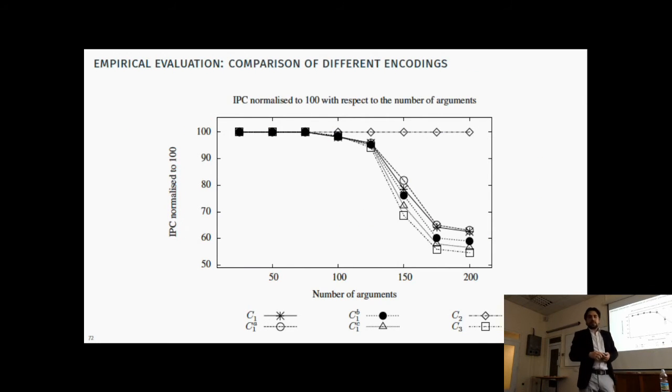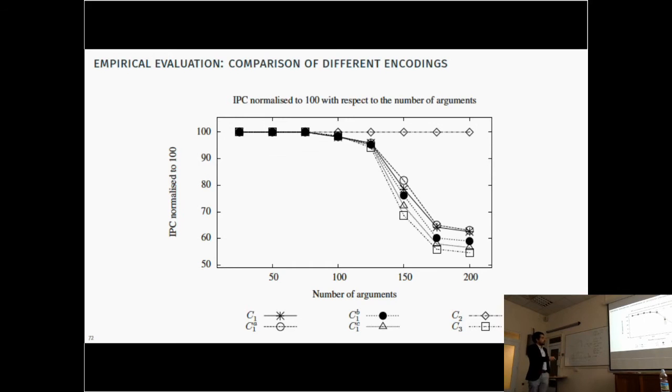The first thing that we studied is, although the different encodings I showed you are logically equivalent, whether they make a difference from a computational perspective, and they do. They heavily do. So those are just given our system, no other competitors, but we just run with different encodings. And this encoding here, that is, when you just have the material implication for all the three conditions from left to right, seems to be consistently the best one.